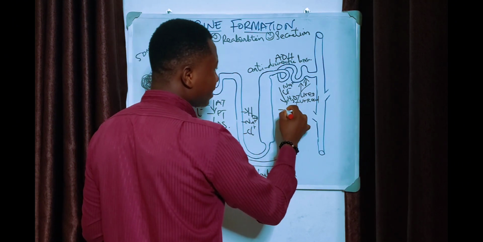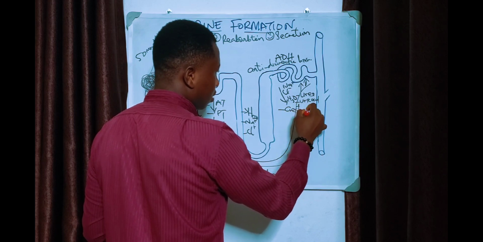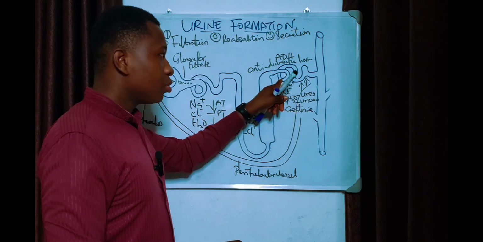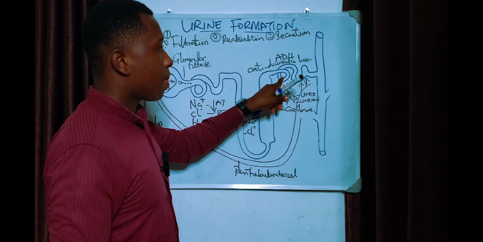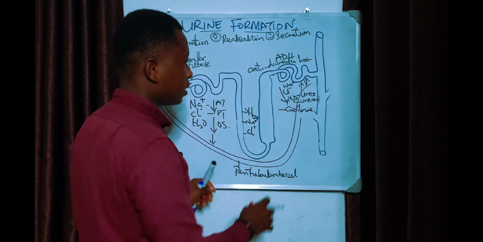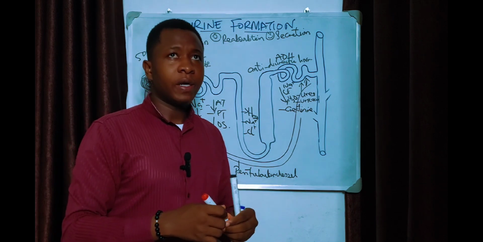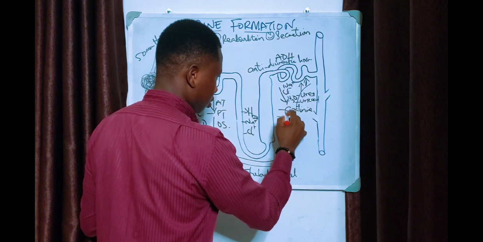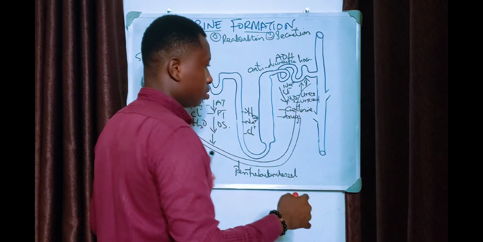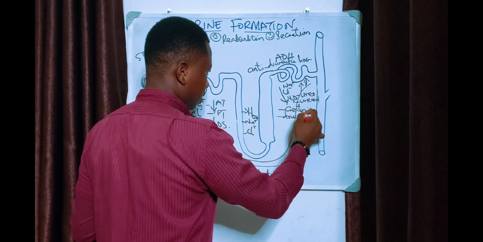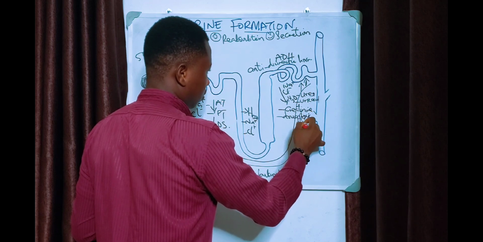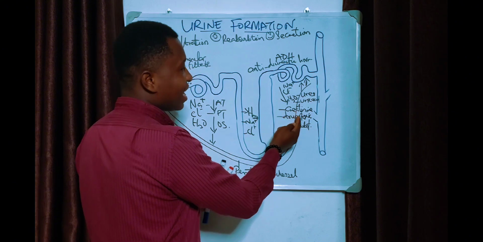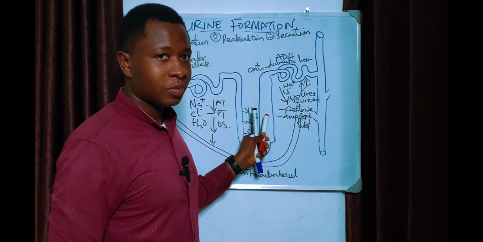We also have creatinine. Creatinine is one of the things that is secreted into the nephron itself, right? We can also have drugs and toxic substances. Drugs and toxic substances are secreted into the nephron, right?